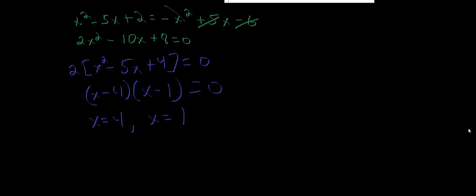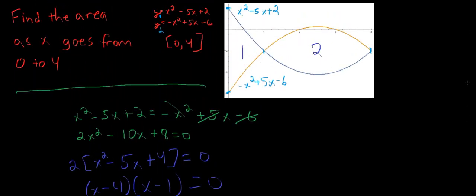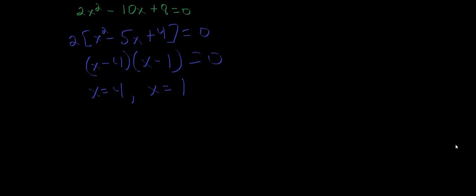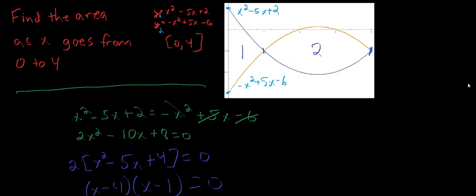Thus we see that looking at the graph showed us that the intersection point is x equals 1 and the other intersection point is x equals 4. We just verified it algebraically, so we know our 2 points are x equals 1 and x equals 4 where the two graphs meet. Alright, so now we need to set up our integrals.